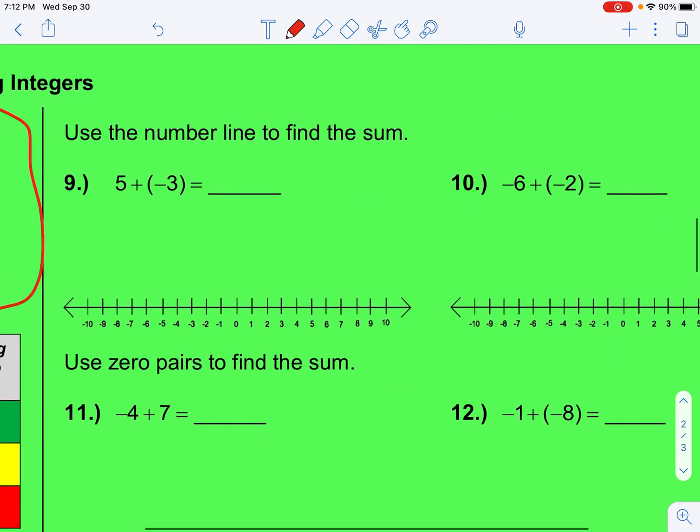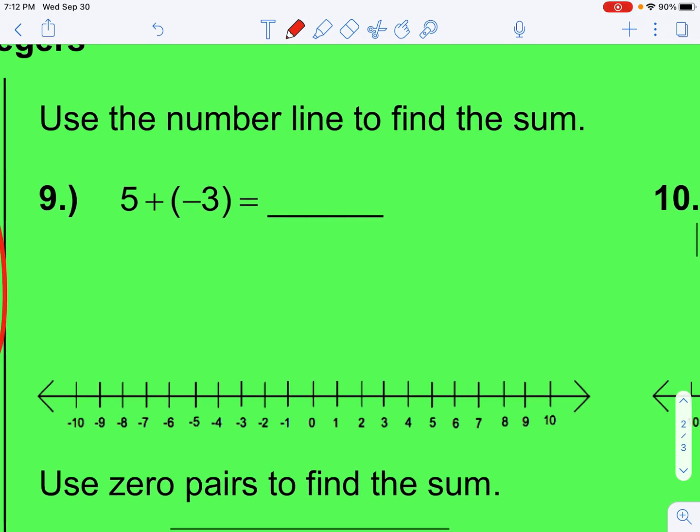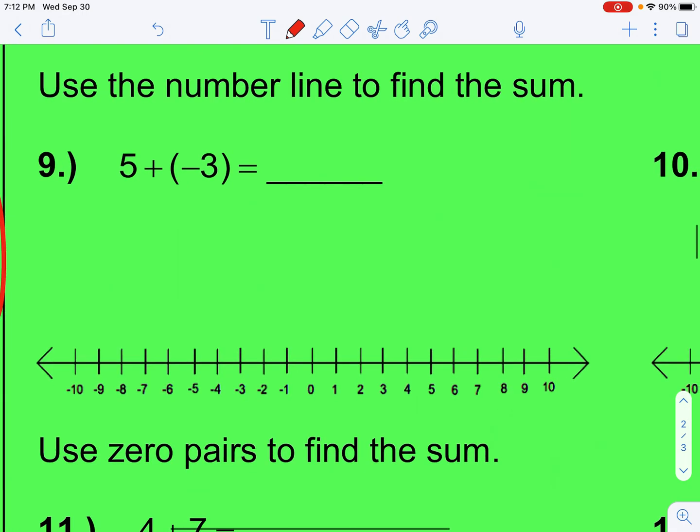Now we're adding these integers. Alright, so number 9. 5 plus -3. We are going to use the number line to find the sum. When you use the number line, you can use it one of two ways. You can start at 0 and move to the first number, or you could start at that first number.